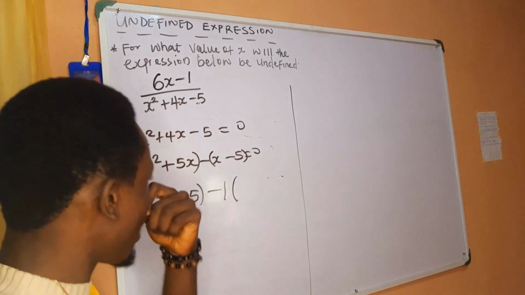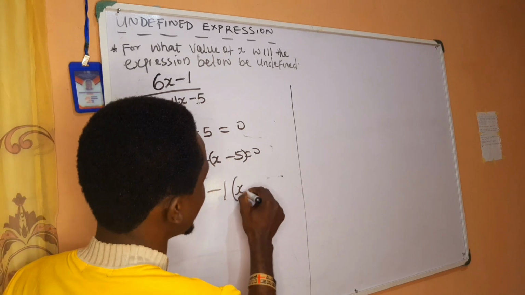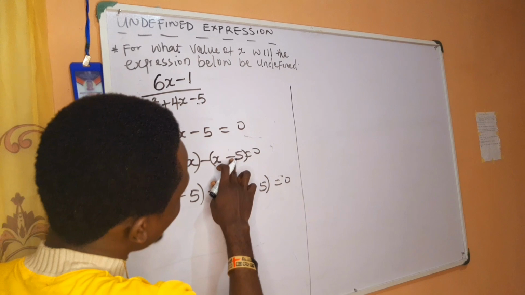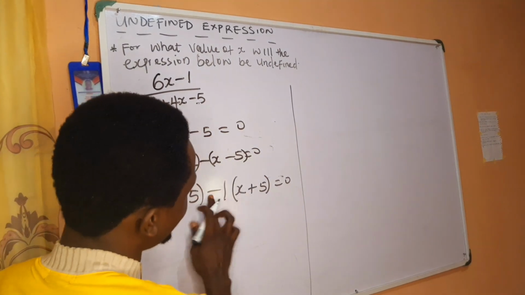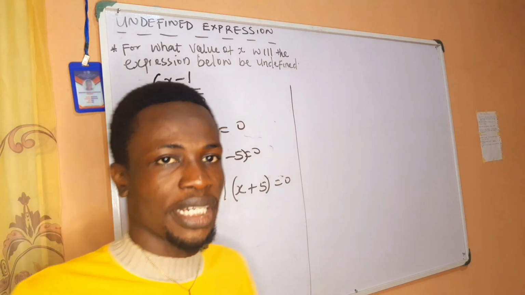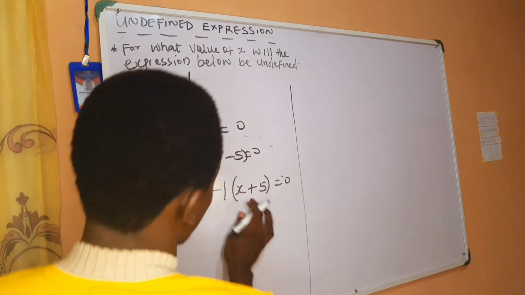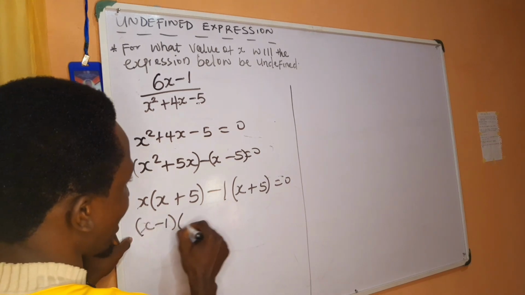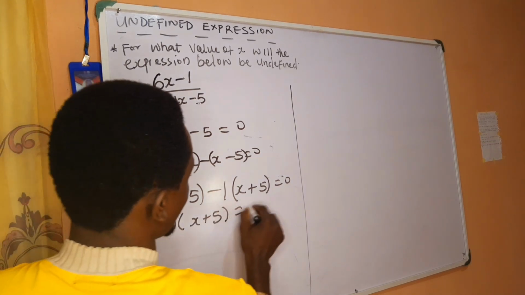So if I bring out 1 outside, I'm just going to write x plus 5 equals 0. Why? Because if I put the minus here, when I'm expanding, it's going to change the sign here. So you must make sure you take note of this minute stuff. You see that this and this are the same. So put this inside a bracket. x minus 1, x plus 5 is equal to 0.